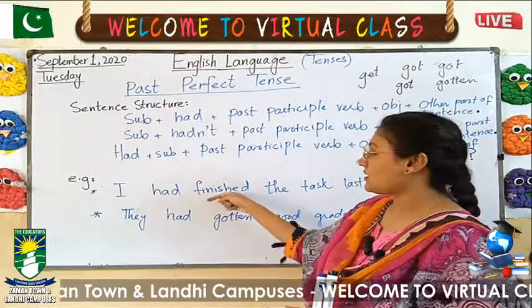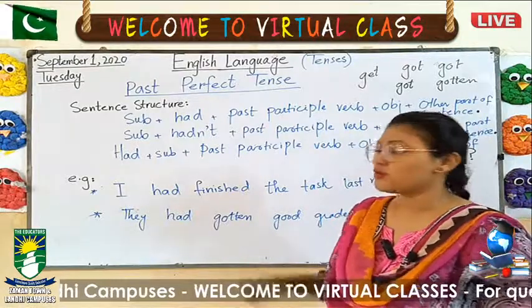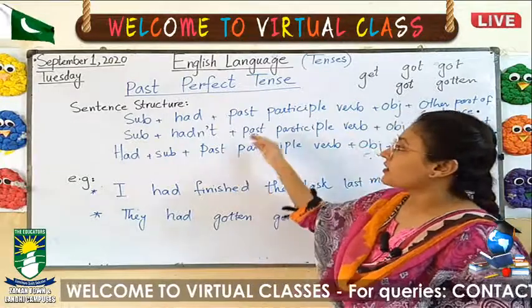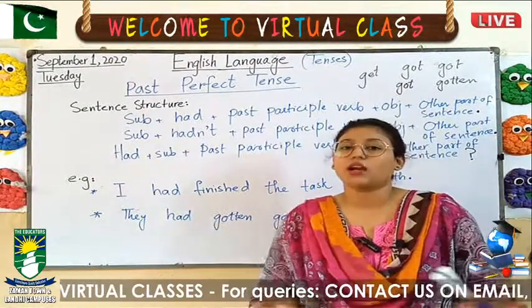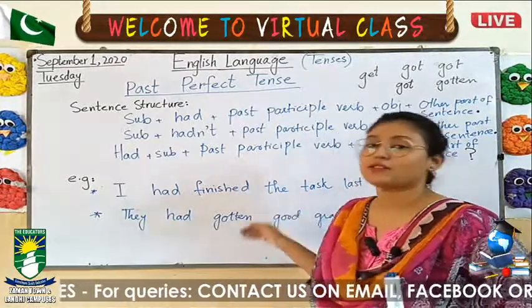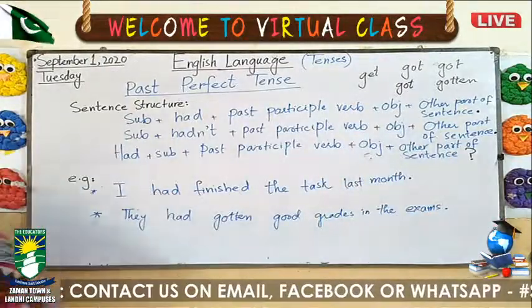If you want to write their negative and question sentences, that is well and good. If you want to make your own sentences after writing down the sentence structure, it is up to you. There is no hard and fast rule, and you are not forced or bound to follow only my sentences. Is that clear? Let's come to future perfect tense.